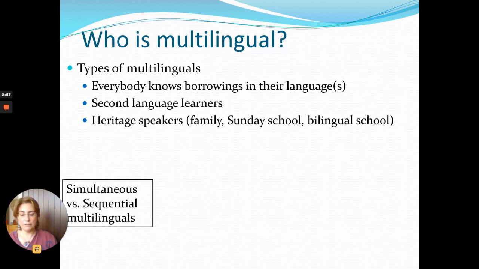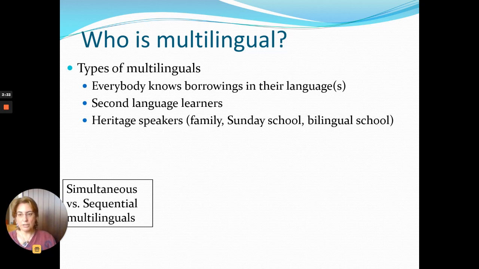Now, a different kind of multilingual is what we have been calling heritage speakers. Those are speakers that acquire language in the context of family, Sunday school, even a bilingual school, very early on. But that language does not have a general social representation in their community. That's why we call it heritage. Heritage as in it's a special family language that they have inherited that is different from their neighbors or the people in their school, etc. Those are called heritage speakers.